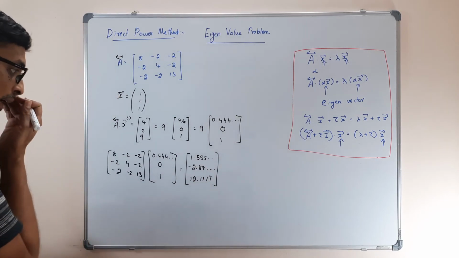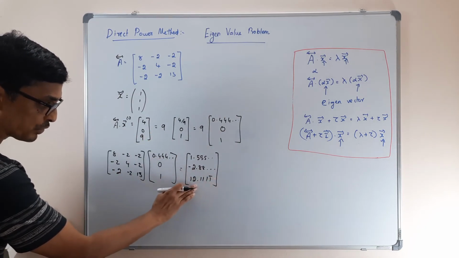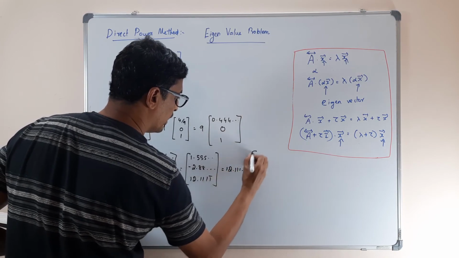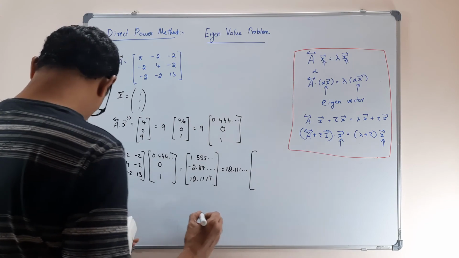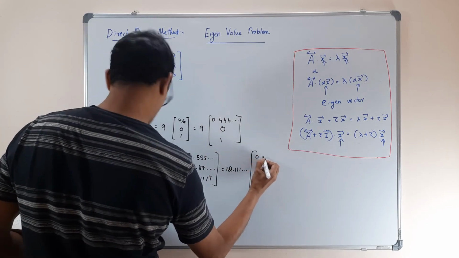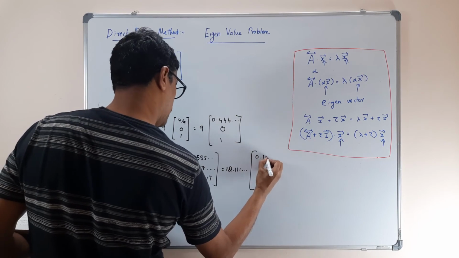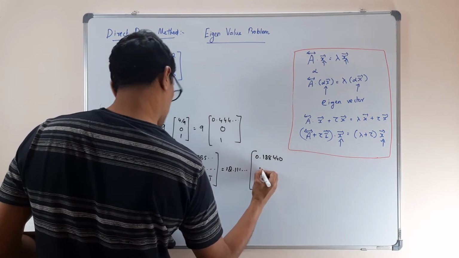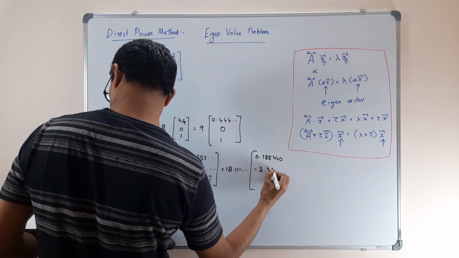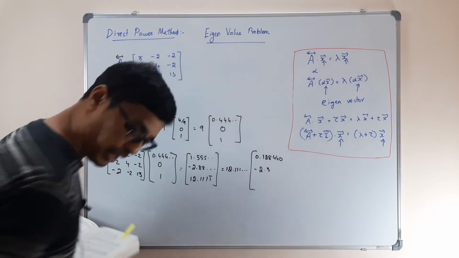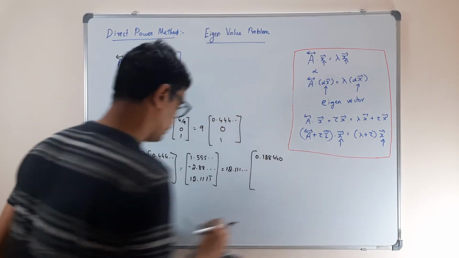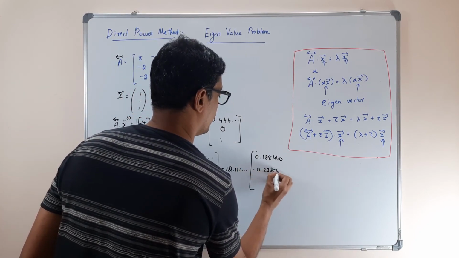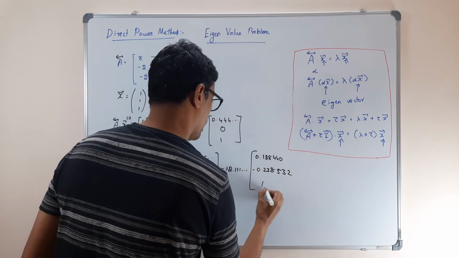Now again I take out the same kind of factor. I am going to scale this as 1, so this becomes 12.111, and if I take it out, we end up with 0.128440 and minus 0.238532, and then this will be 1.0.